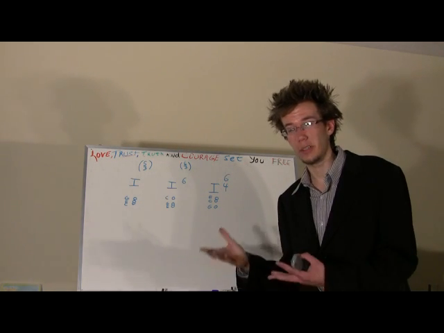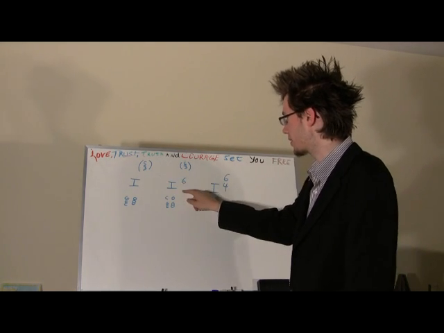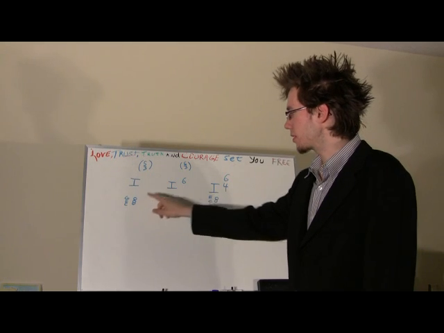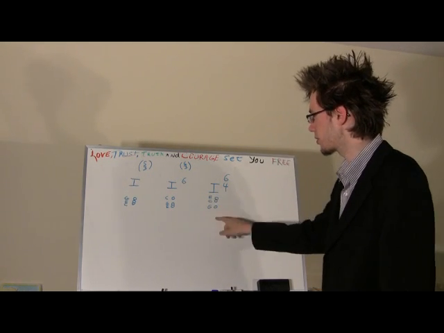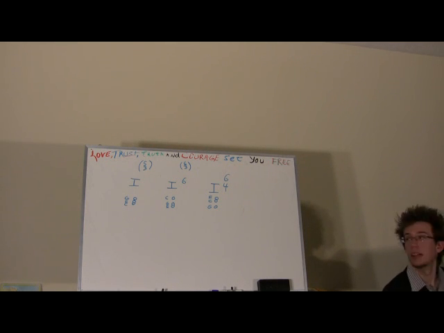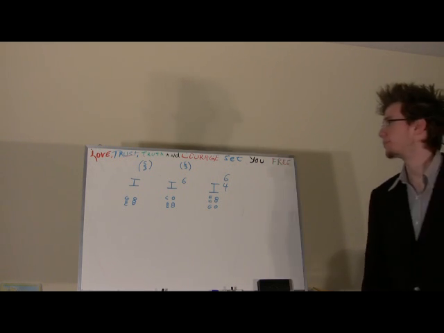Now, this is the technical way of doing it. It's a 1, 1-6, 1-6-4. So it's the root position, first inversion, second inversion. So here's the 1, here's the 1-6, here's the 1-6-4, and here's the 1 again. Okay?